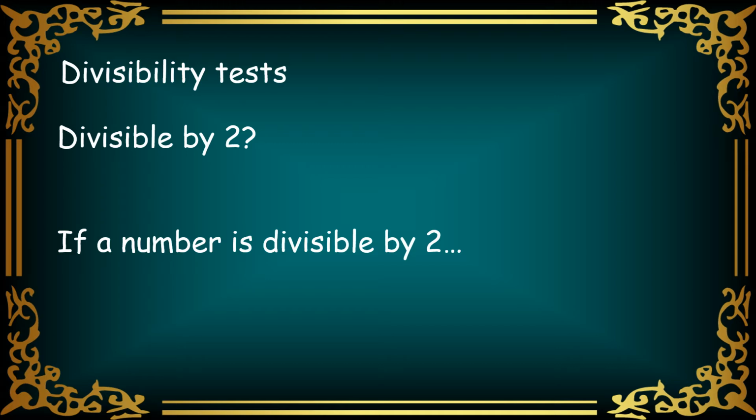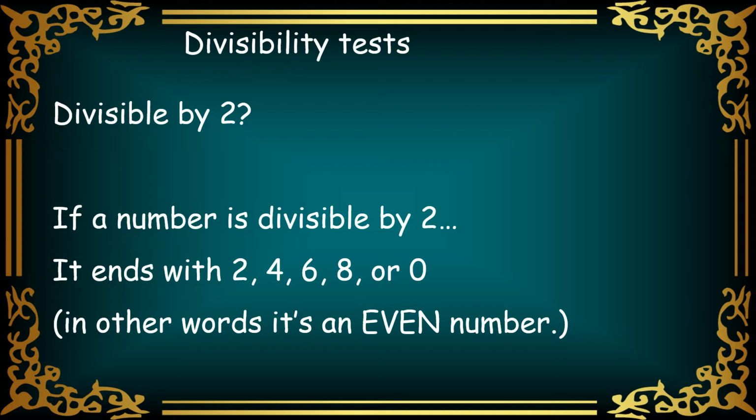Divisibility test. First we learn divisible by 2. If a number is divisible by 2, what are the things that you need to know? If a number is divisible by 2, it ends with 2, 4, 6, 8 or 0.